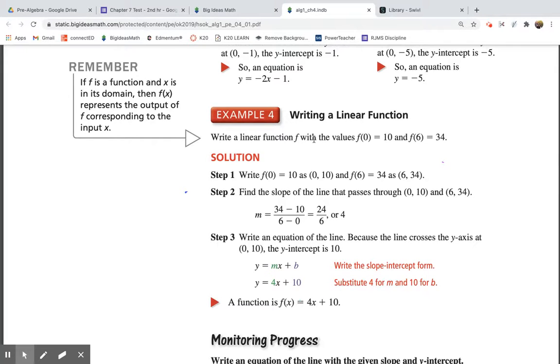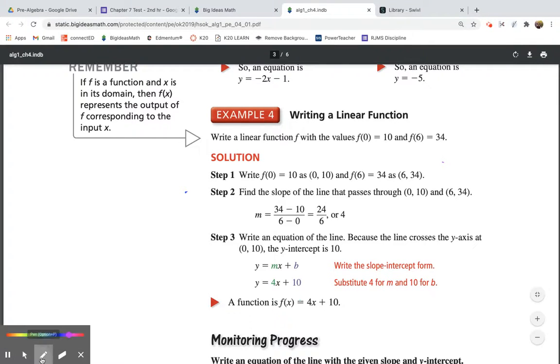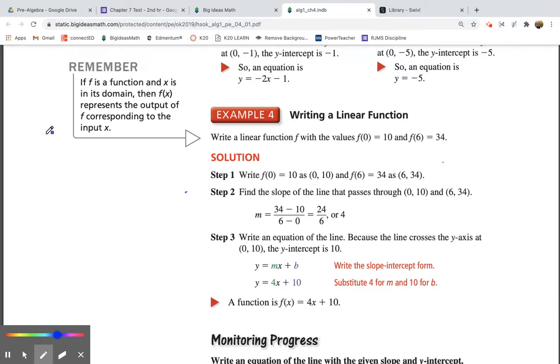So writing a linear function. They say write a function f with the values f of 0 equals 10 and f of 6 equals 34. Well, anytime we see f of x, we know that's a function, but that's just another way to write y. In an equation, we see y. In a function, we see f of x. Those mean the same thing.